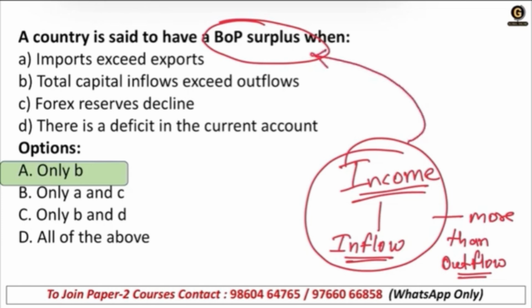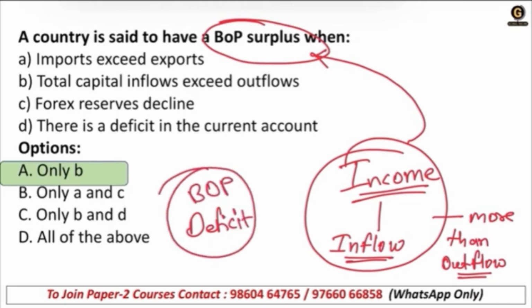Clear? And the opposite, when outflow is maximum or outflow is exceeding the inflow, that time we call it a BOP deficit, right?